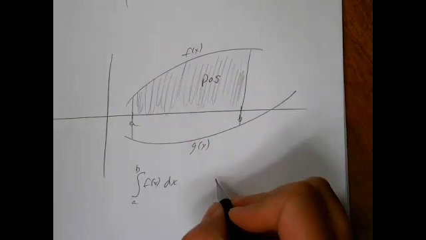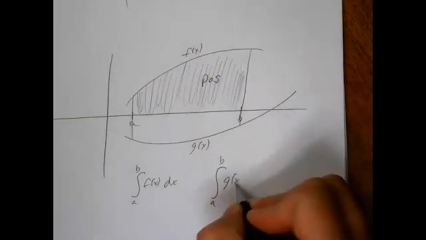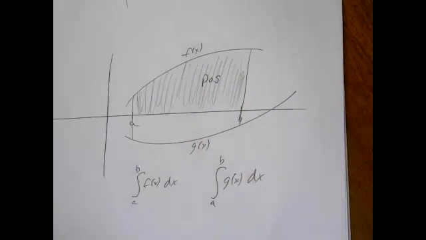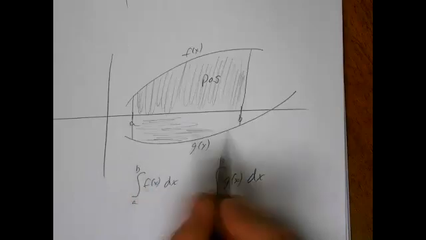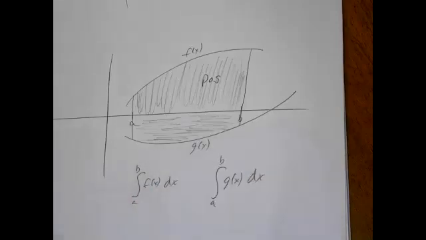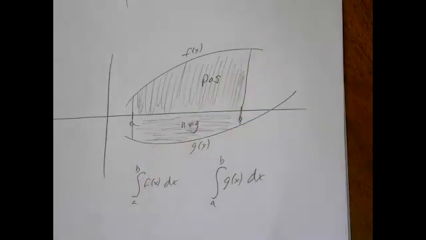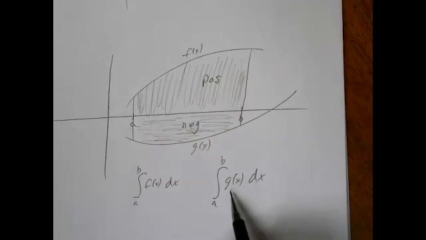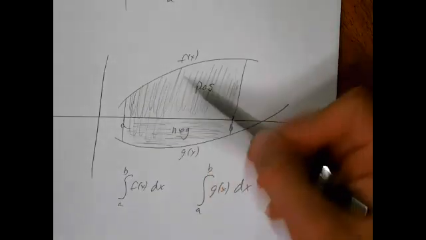If we were to integrate from A to B the g of x dx, what you would get is this area down here. But again, notice that since that area is below the x-axis, the result of this integral would be a negative value. But the area we actually want is all of it, though.